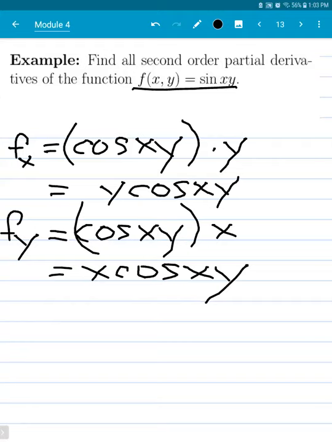Now let's start with the non-cross derivatives. So fxx, how do we get this? We differentiate with respect to x, which one? This one, correct? And we already got that here. So I'm going to write that partial with respect to x.